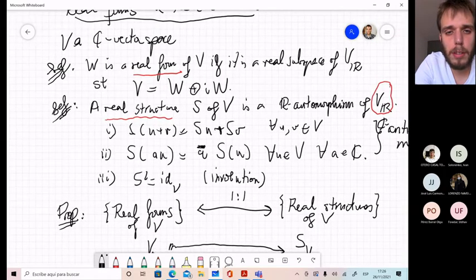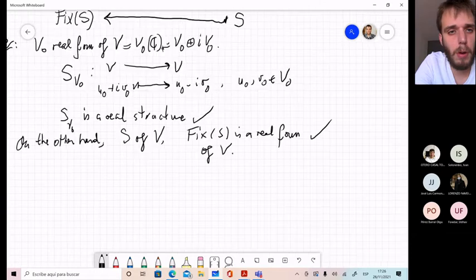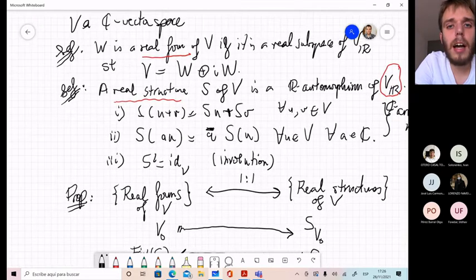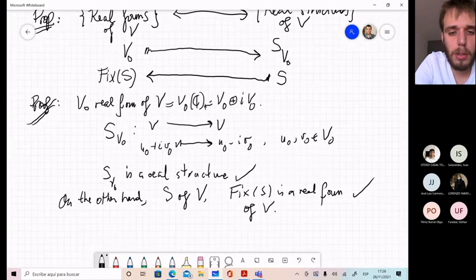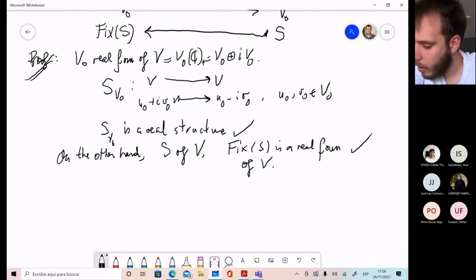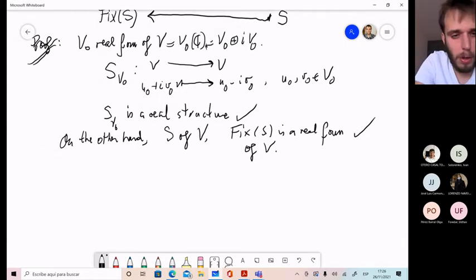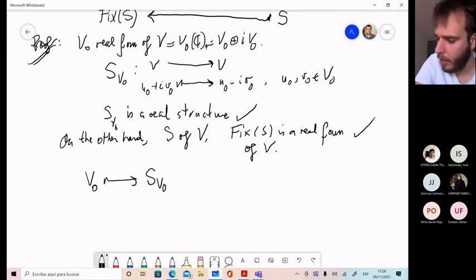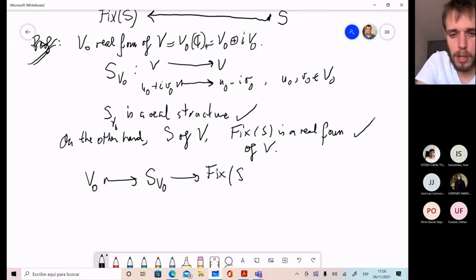You just have to prove that the set of fixed points plus i times the set of fixed points is equal to the whole vector space V. And moreover, these two processes: I start first with the real form, then I consider the associated real structure, and then I consider the set of fixed points of this real structure.